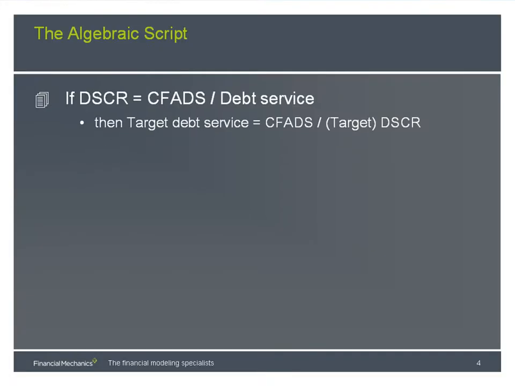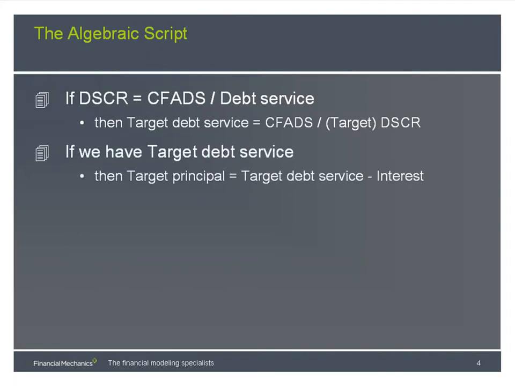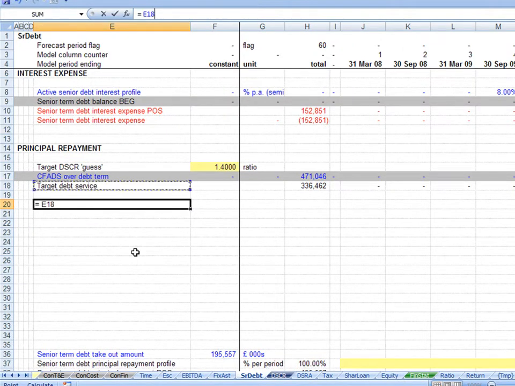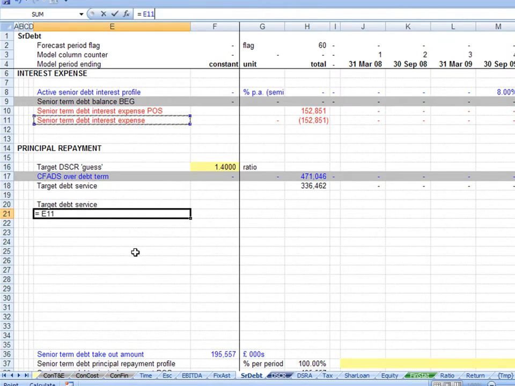So if we have that target debt service, then we can consider that target principal is nothing more complicated than taking that target debt service and subtracting interest. So let's move on to that step of the process. Again, not very complicated. I'll be very pedantic with the layout, create a link to target debt service, and we'll use the positive form of interest.